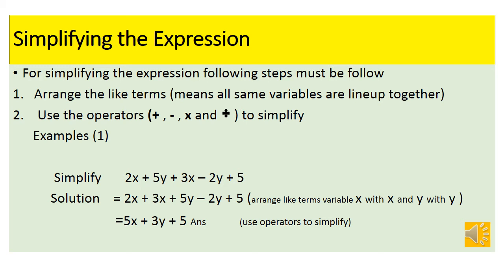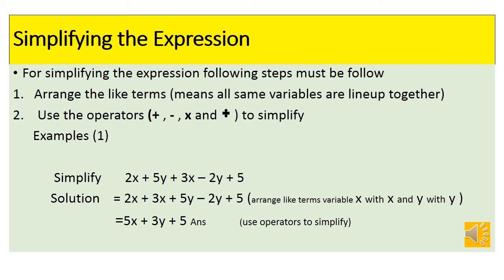Example 1. Simplify 2x plus 5y plus 3x minus 2y plus 5. Here 2x and 3x are the same variable, 5y and 2y are the same variable, and 5 is the constant.